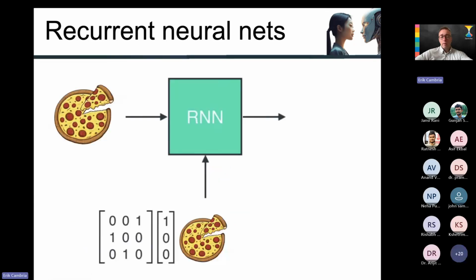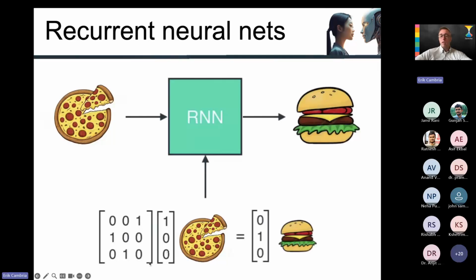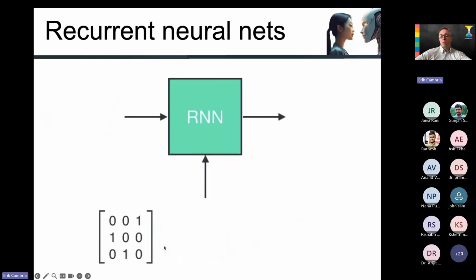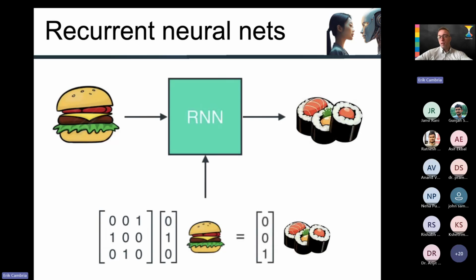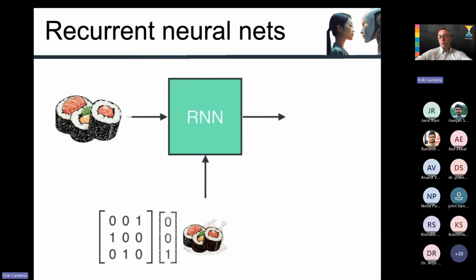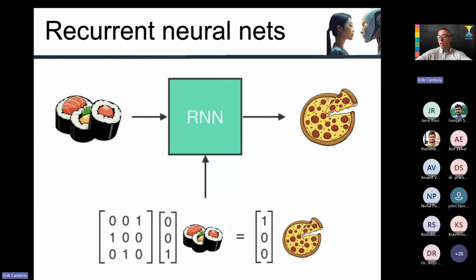I can have a neural network that does this. Once again, it's just a multiplication of matrices. If I have pizza, I get burger. If I multiply the burger vector by that matrix, I get sushi. And the same with sushi, then the loop restarts from pizza.